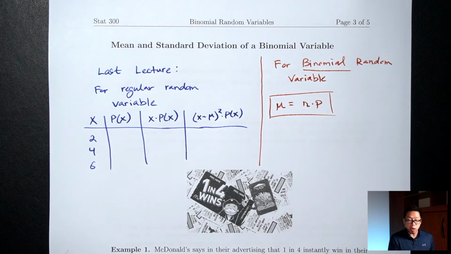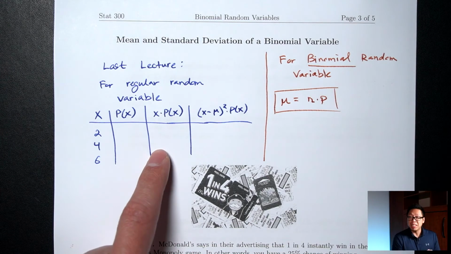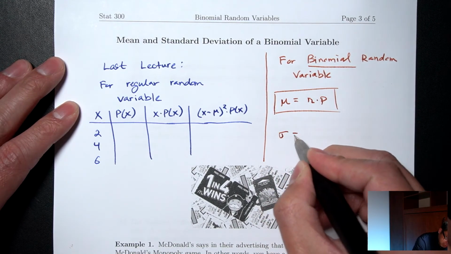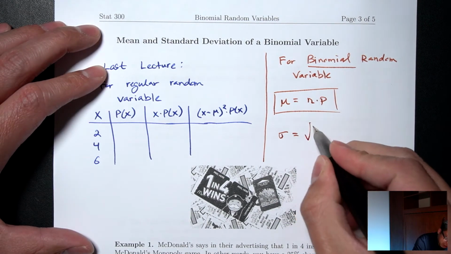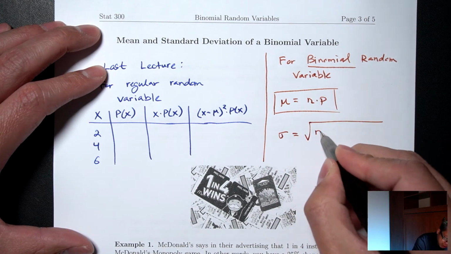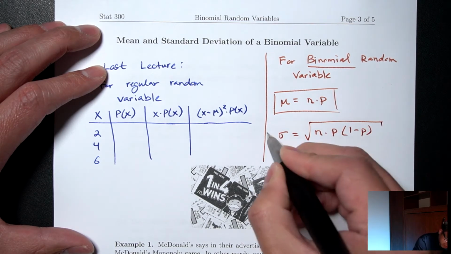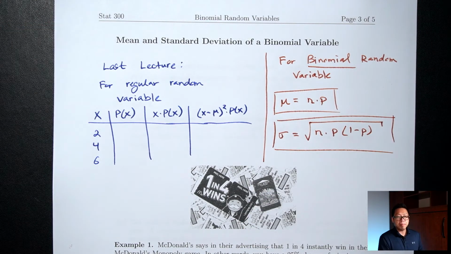N, number of trials, p, probability of success. You don't have to do a table to find it. To find the standard deviation, you also don't need a table. The formula for finding the standard deviation is the square root of n times p times 1 minus p. So that's why binomial random variables are so nice.